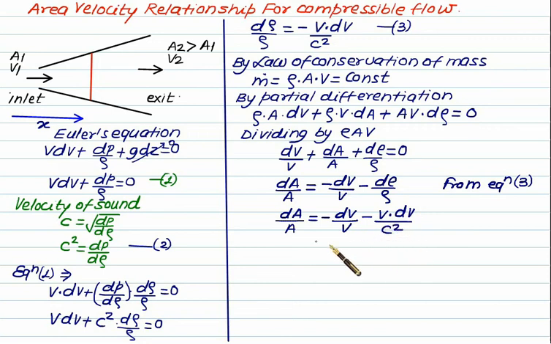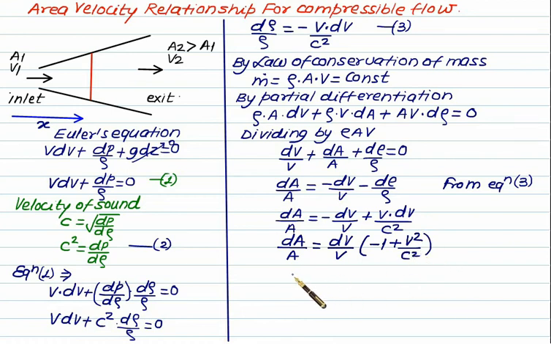Now this term is negative and this term is also negative, so the second term becomes positive. Now we write dA by A equal to, taking dV by V common, minus 1 plus V square divided by C square, which is nothing but Mach number square.